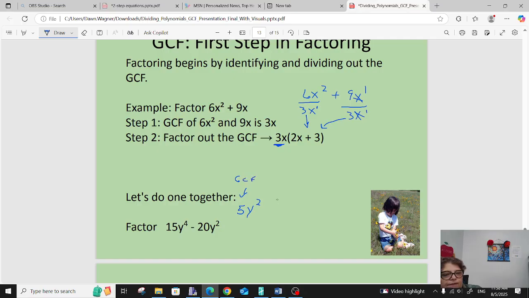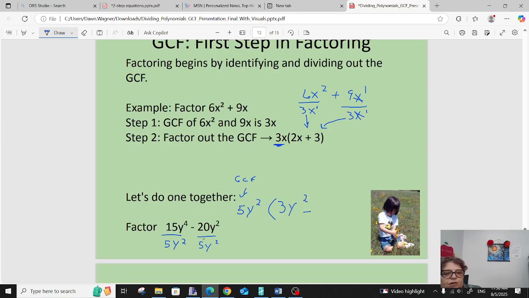And we're factoring out the GCF. So now I'm going to divide each one of these by 5y squared. What's 15 divided by 5? What's y to the fourth divided by y to the second? 4 minus 2 is 2. So that'd be y to the second.